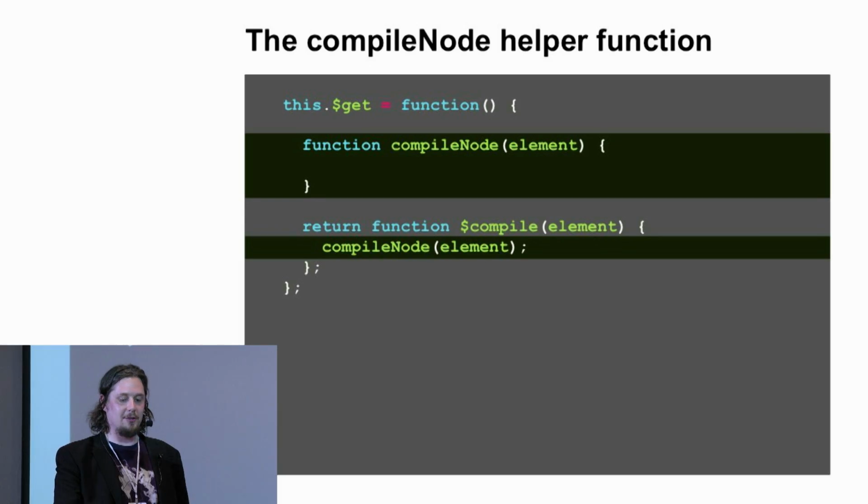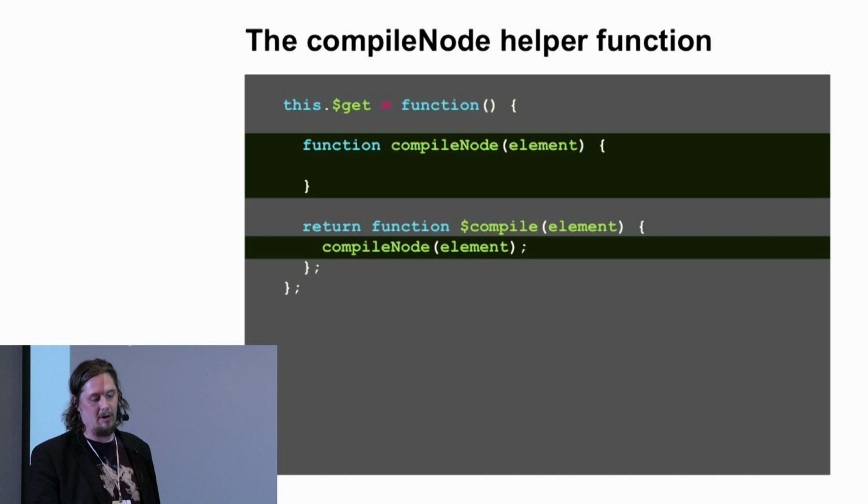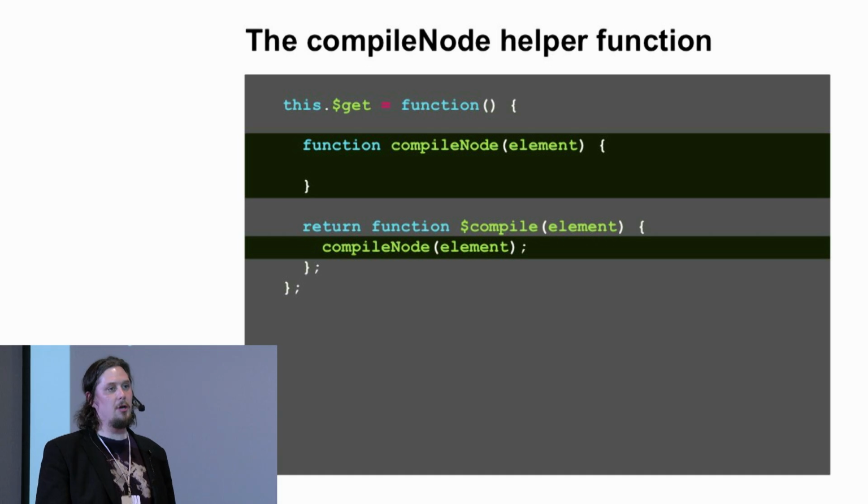So what does that actually mean? Well, first of all, the compile service itself, or the function, doesn't do very much except delegate all the work to another helper function we're going to make inside this $get method called compileNode. And the job of that function is to compile this single node. And that has a couple of steps to it.